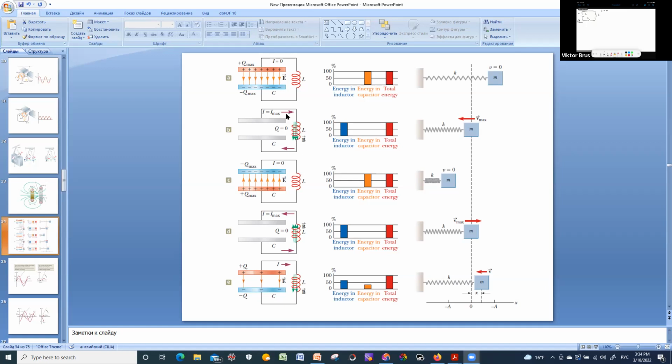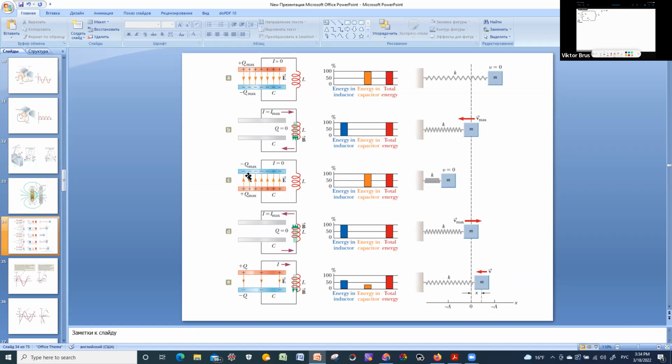Then electric current will continue to flow in the circuit and will charge the capacitor, but with different polarity. So that's why we will see a transformation again of magnetic field energy into electric field energy. However, polarity will be different.